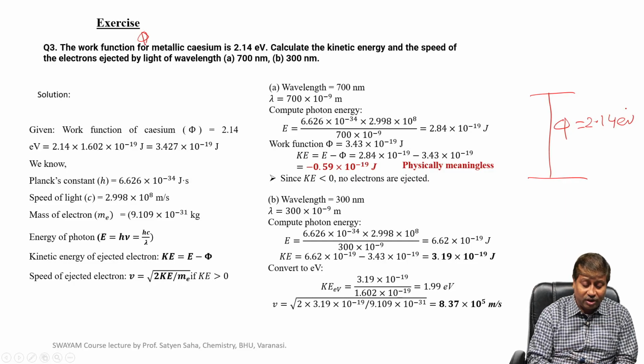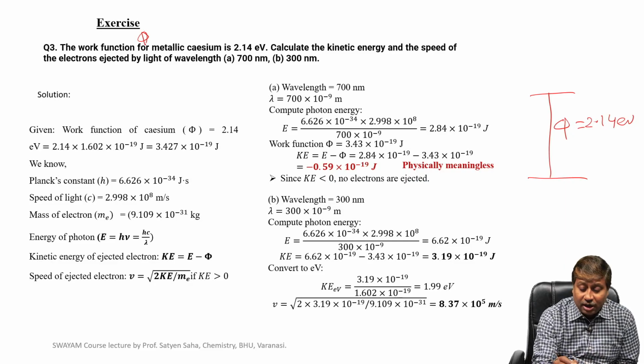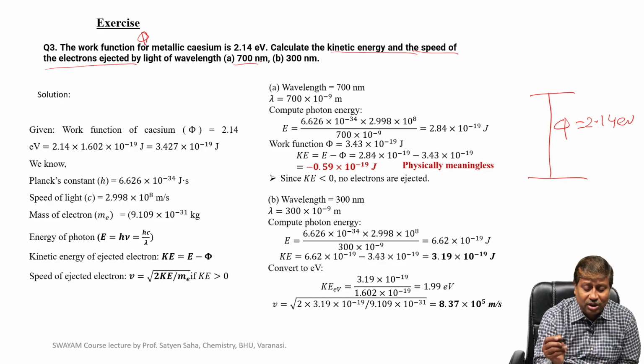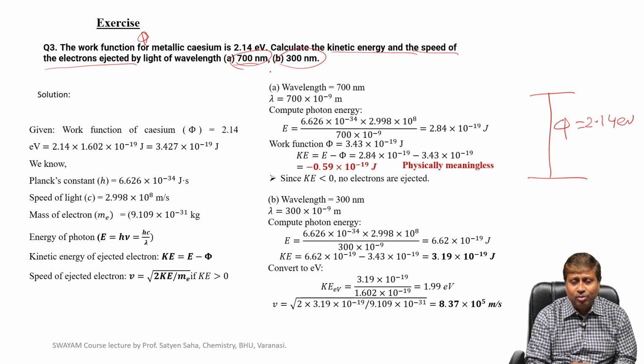Remember, you have to convert it to joule because all things are happening in joule here. Calculate the kinetic energy and the speed of the ejected electrons when you are using two types of radiation: one is 700 nanometer radiation, another is 300 nanometer radiation.